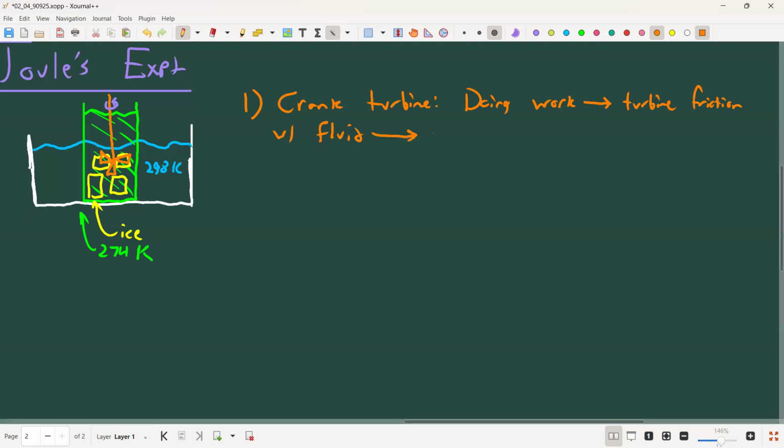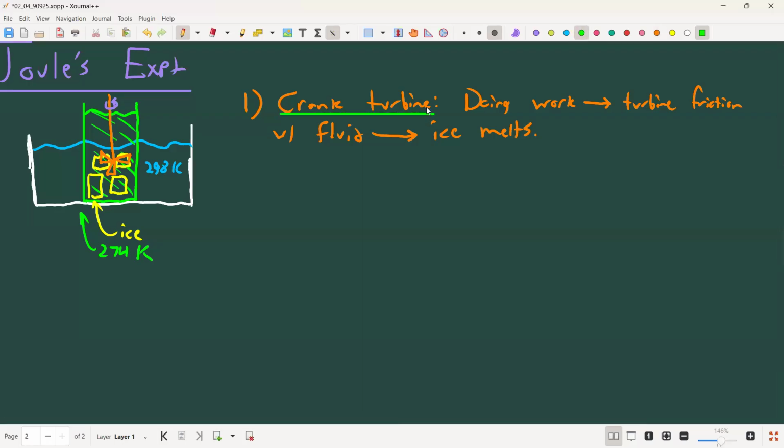And over time, what happens? The water warms and the ice melts.